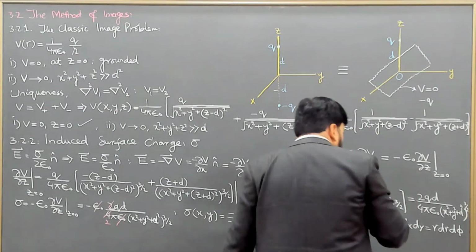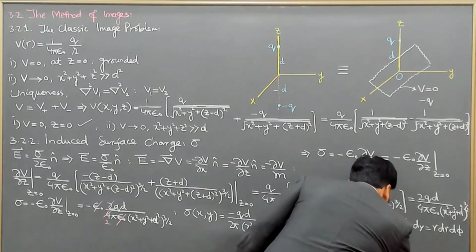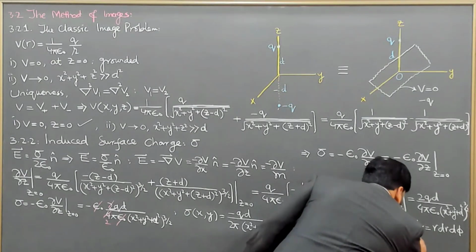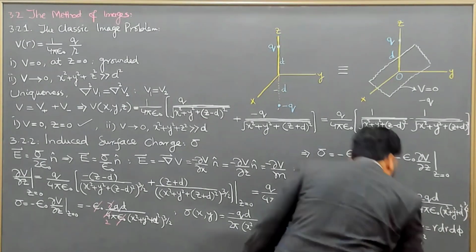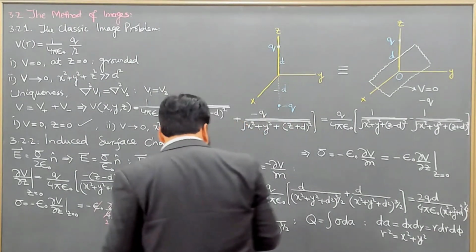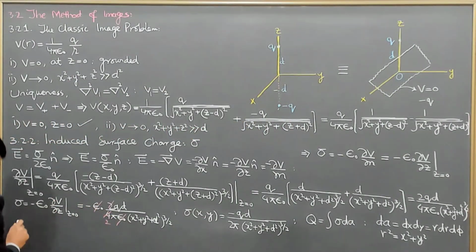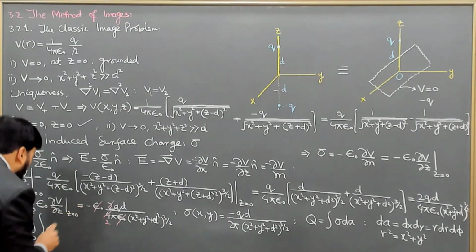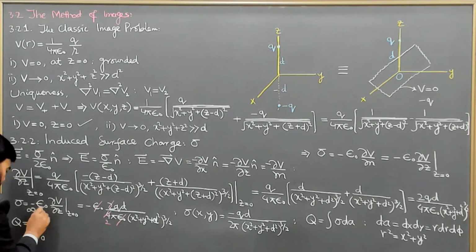So putting these values, we will get that q is equal to two integrals: the first one for r is running from 0 to infinity, while for phi it is running from 0 to 2 pi.